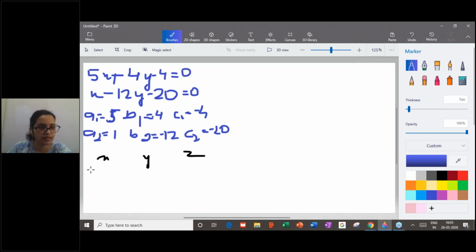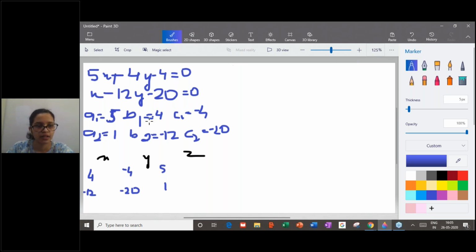So b1 goes 4, b2 minus 12, and then you have c here 4 and minus 20. Then you have a1, which is 5 and 1. So remember to write it like this as I am writing. So x is between these two values. That's how you know that the denominator of x will be these terms. So the denominator of y will be these 4 terms, something like that.